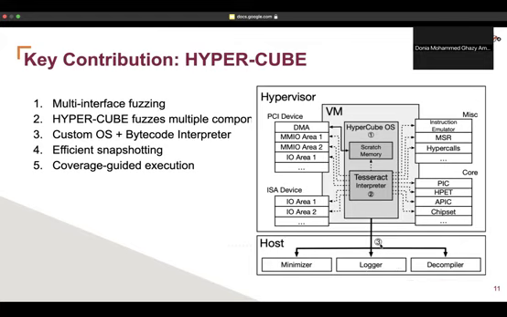The system quickly resets using efficient snapshotting, enabling high throughput fuzzing. So now we can see Hypercube is not just a fuzzer, it is fundamentally a new approach to testing hypervisors effectively. Now let's dive deeper into how it works.